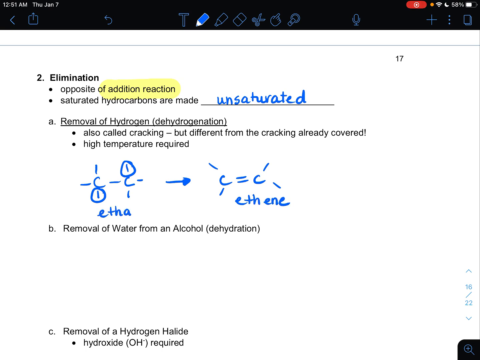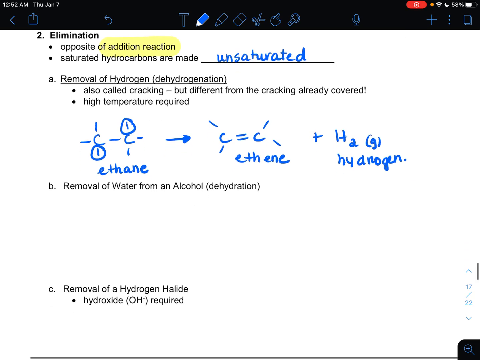Okay, so we started with ethane and ended up with ethene. Now, any other products here? I hope that you see that because I eliminated those 2 hydrogens, I actually produced hydrogen gas as well. We have to account for all of our atoms. So this process doesn't happen very often, just removing straight up hydrogen.